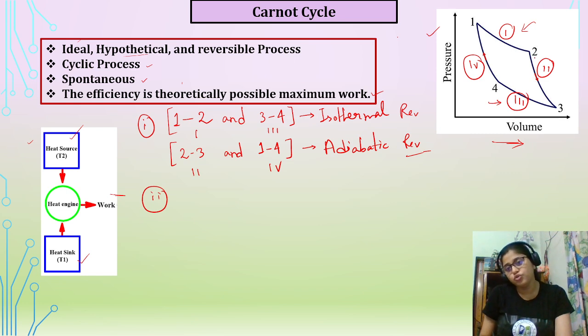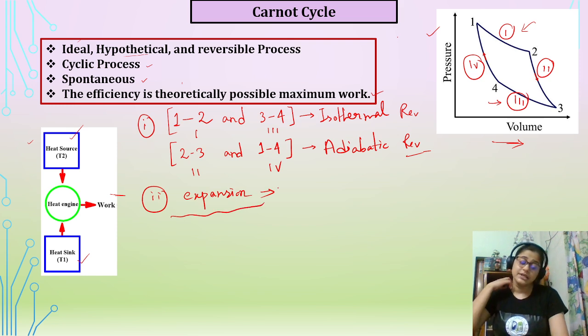So from 1 to 2, the volume increases, so obviously it is an expansion process. You have to have a clear idea about these simple things, because some tricky questions from the graph can be asked in Carnot cycle.